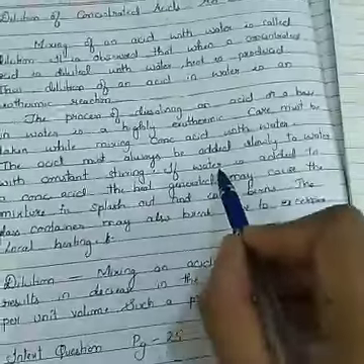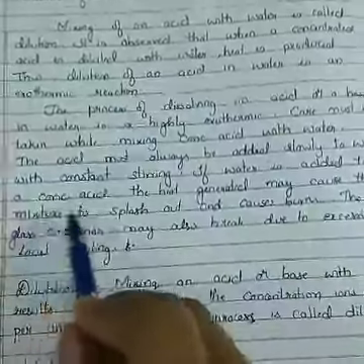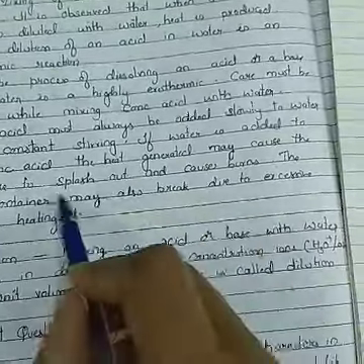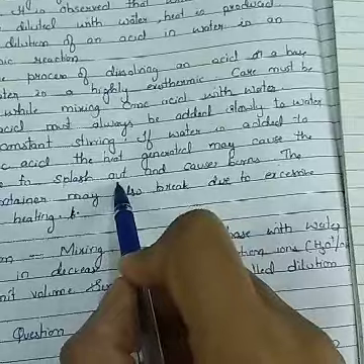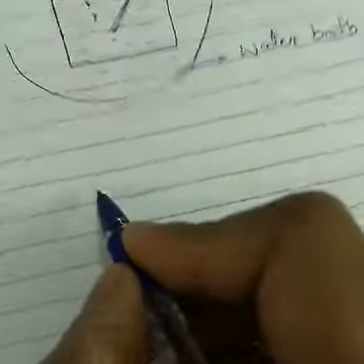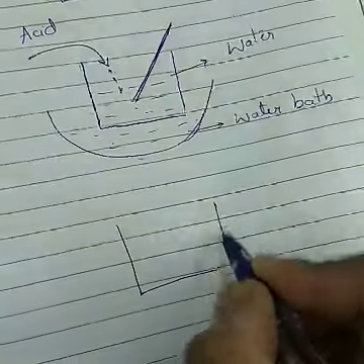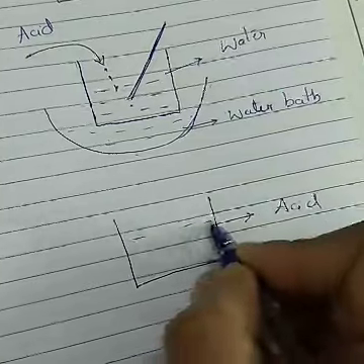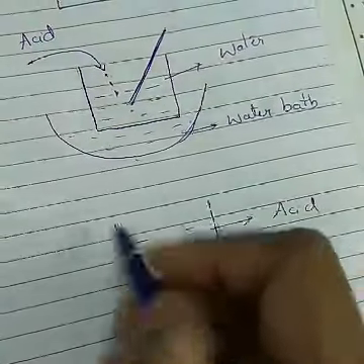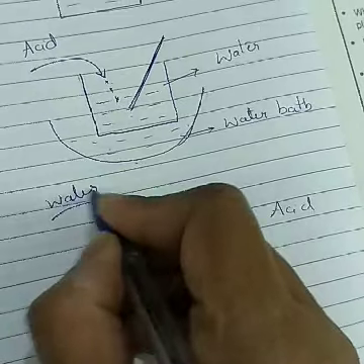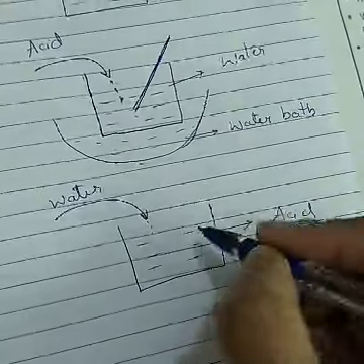If water is added to concentrated acid, the heat generated may cause the mixture to splash out. Suppose I take a beaker which contains acid and water is added to it, then what will happen?